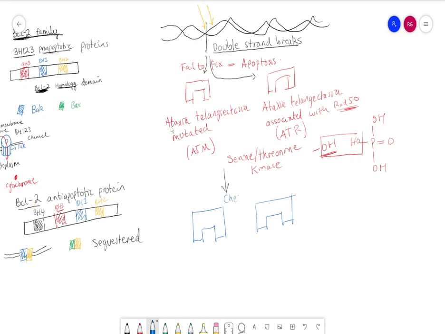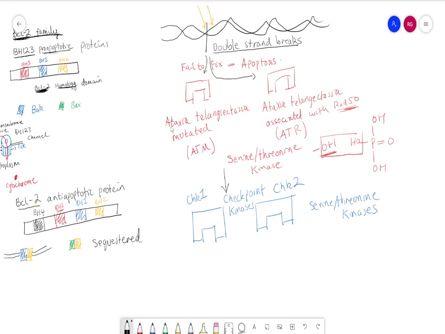We're going to abbreviate them to CHK for checkpoint kinase 1 and checkpoint kinase 2. And they again are going to be serine threonine kinases. And I'm not going to go through what they do again, because they're just going to phosphorylate the OH groups on serine and threonine.